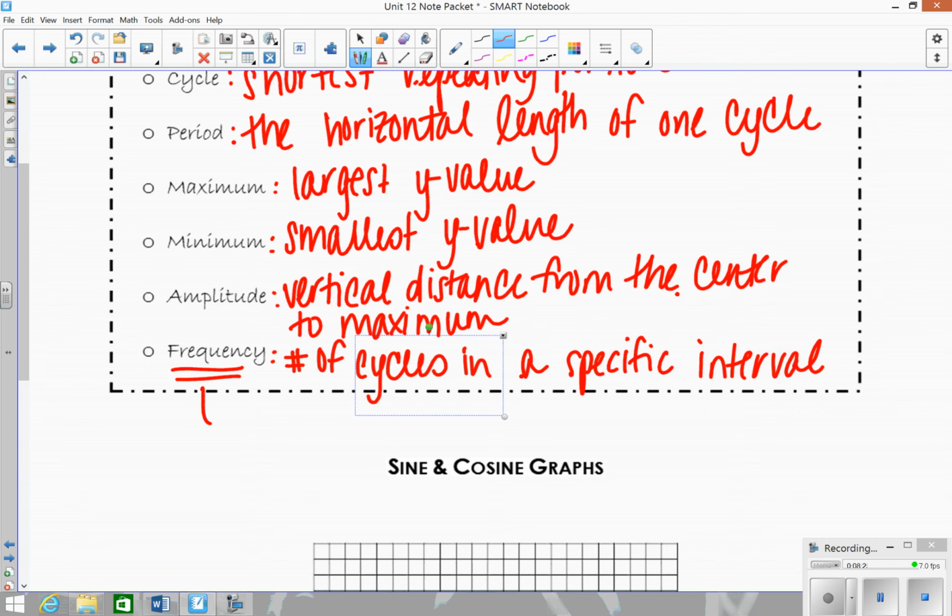If you want to find the frequency of a graph, basically what you do is you take 1 and you divide it by the period. That'll tell you the number of cycles in a specific period. So it's 1 cycle per whatever the period is. That's the frequency.